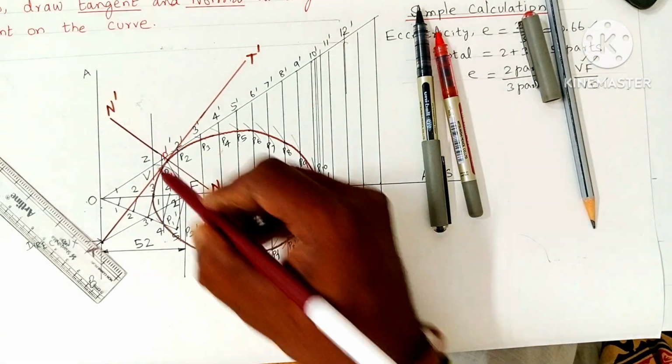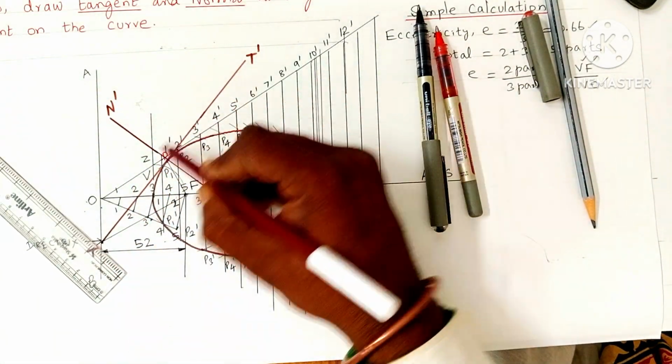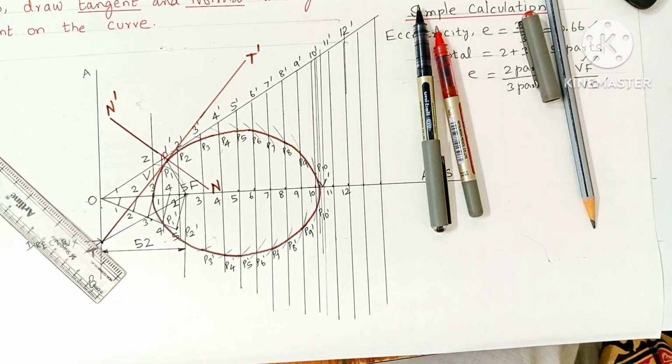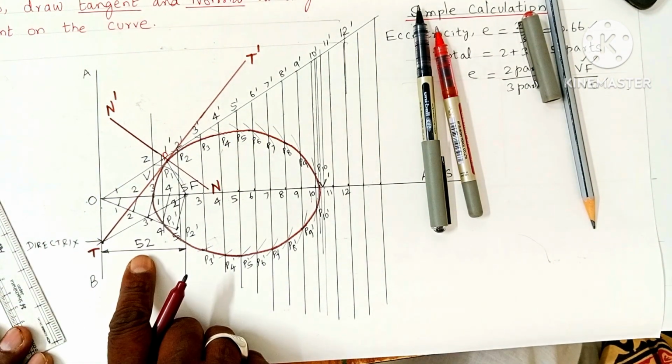The angle between normal and tangent will be 90 degrees. You can check it using a protractor. Okay. And yes, dimension 52 mm.